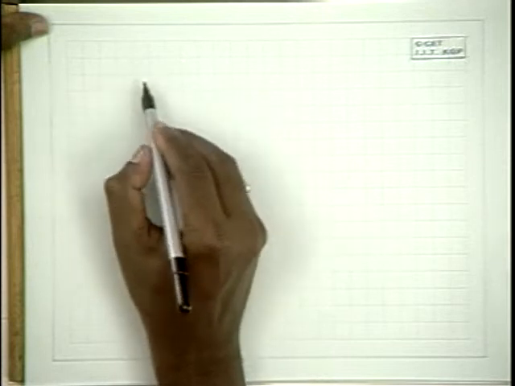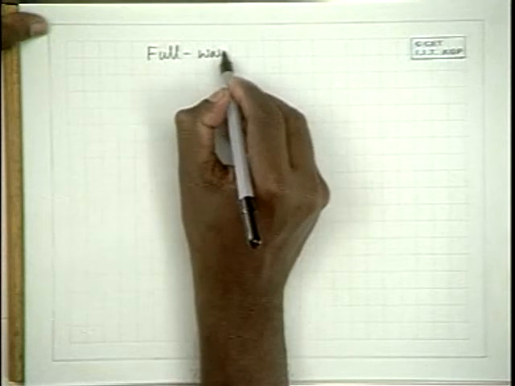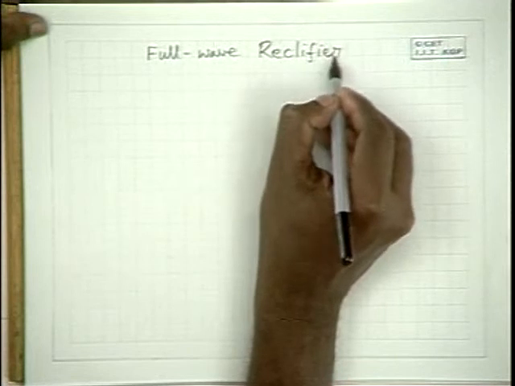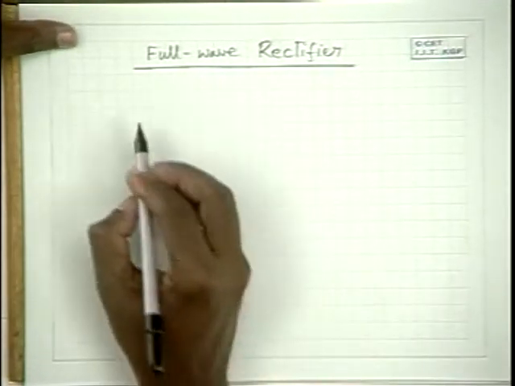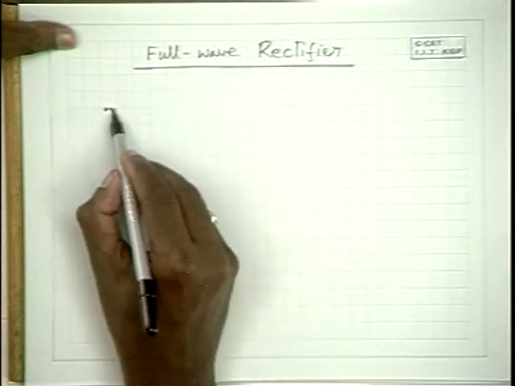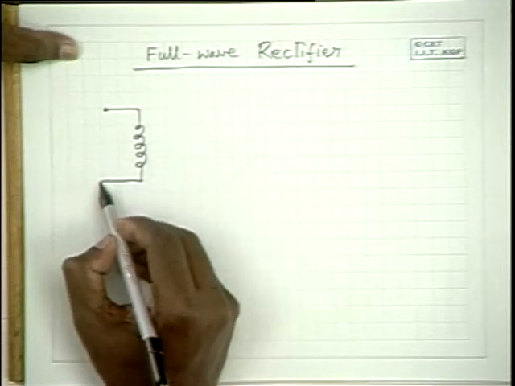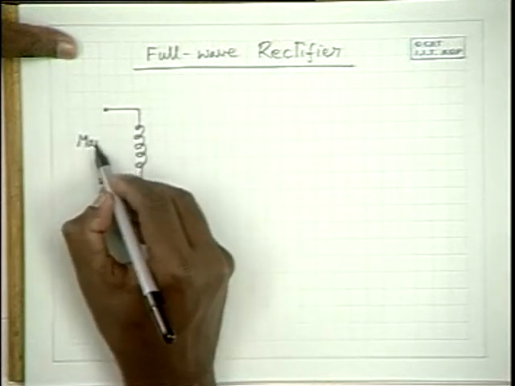Now let us discuss a full wave rectifying circuit. Normally, the rectifiers are associated with a step-down transformer, and in some rare cases, a step-up transformer.